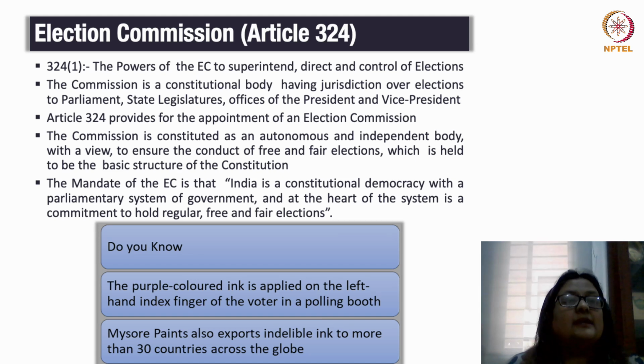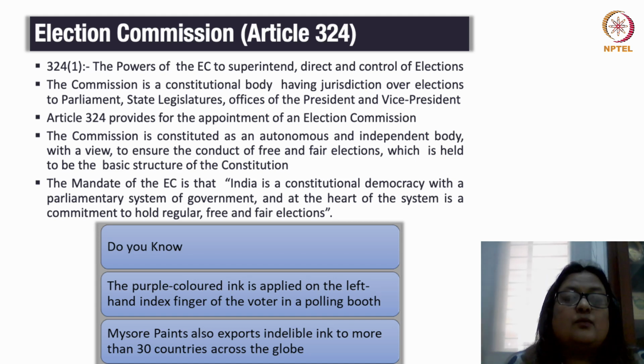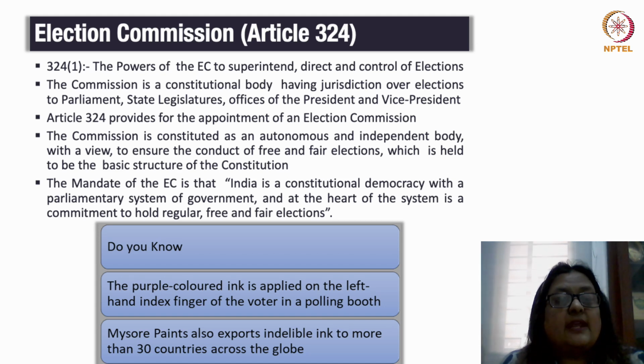Moving on. Article 324 is the reservoir of powers for the Election Commission. Article 324(1) talks about the powers of the Election Commission, which states to superintend, direct and control. These are the three words which mandate the Election Commission for the entire process of conducting the election.